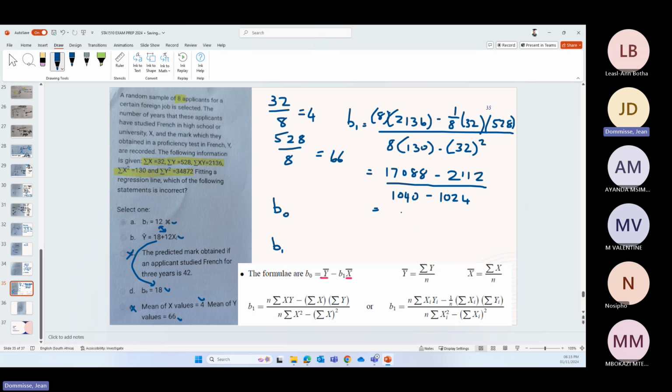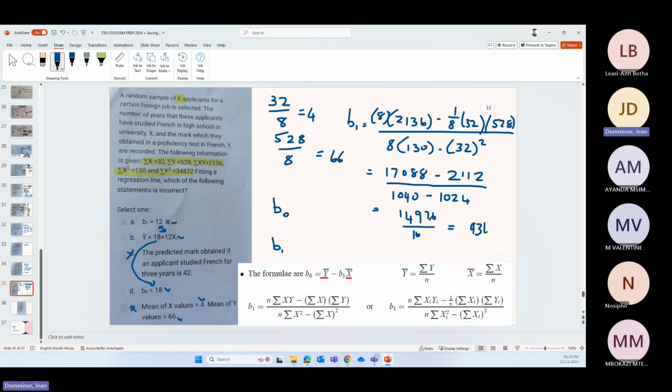Very easy to somehow make a mistake in this, which I think I probably did. 1040 minus that is 16. I can see that as being equal to 12. So I will just recheck this. 14976 divided by 16. Oh no, 936.